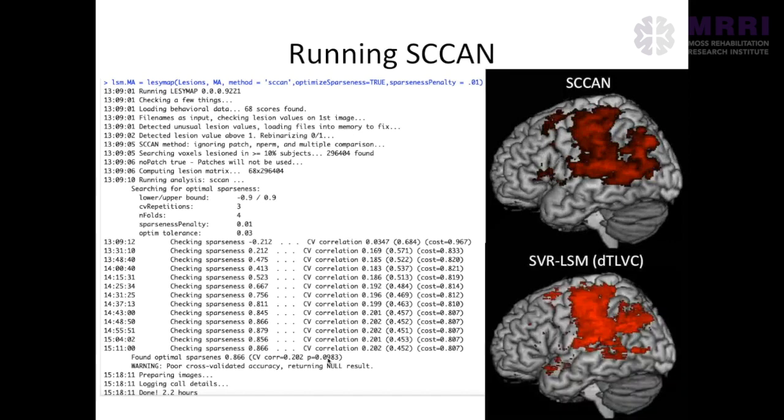Just to remind you, that's what we got back from the least harsh correction for total lesion volume method there. So what you can see is that SCAN actually gives you more or comparable coverage to what you would get from the least harsh correction methods you can apply in SVR-LSM.